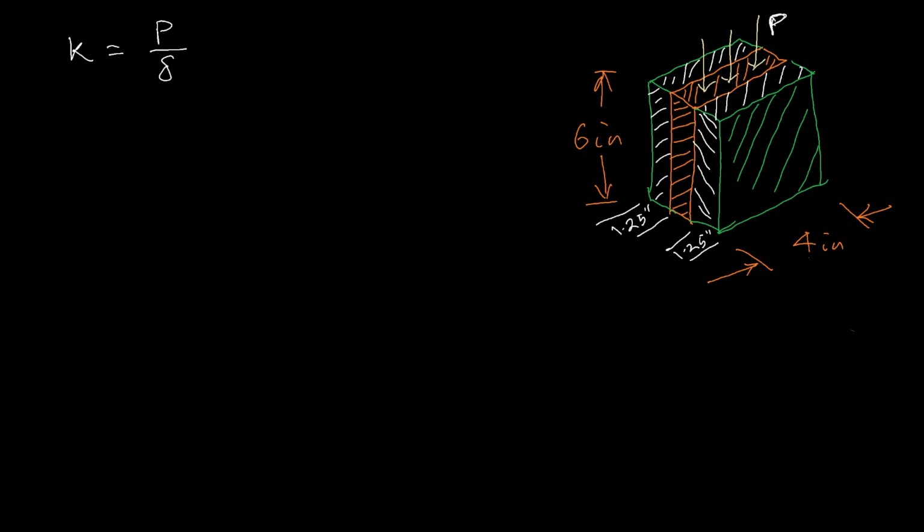Now we have to evaluate this as a function of the shear modulus, the area, the deflection, and the thickness, say T. So these are the parameters in which we have to evaluate them.